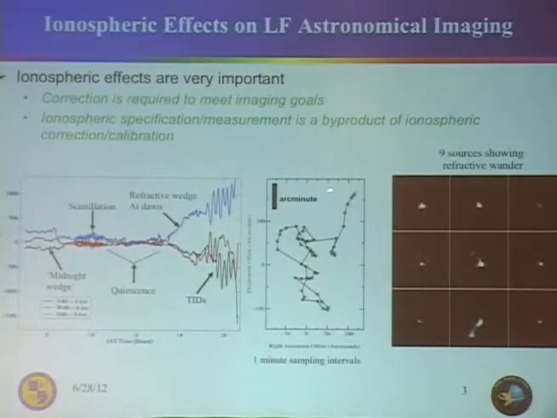This is on the order of a few hundred arc seconds total wander over a period, and I've forgotten how much, but probably an hour's worth of observations. So this is akin to standing at the poolside and looking down and seeing lights at the bottom of the pool move around as people splash and waves are created. That's the kind of thing that you see through the ionosphere.